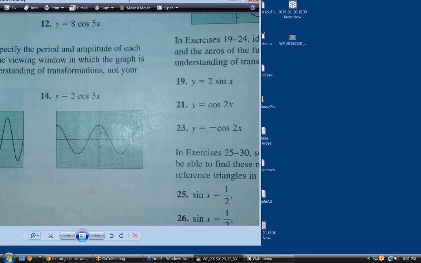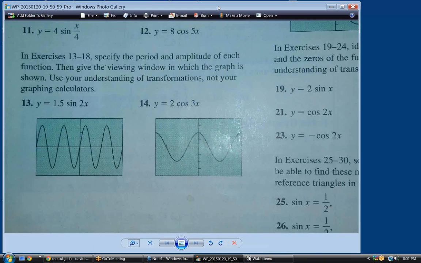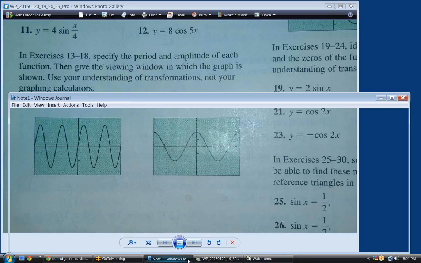Okay, so for 14, what's our amplitude and our period? Let's write them down.